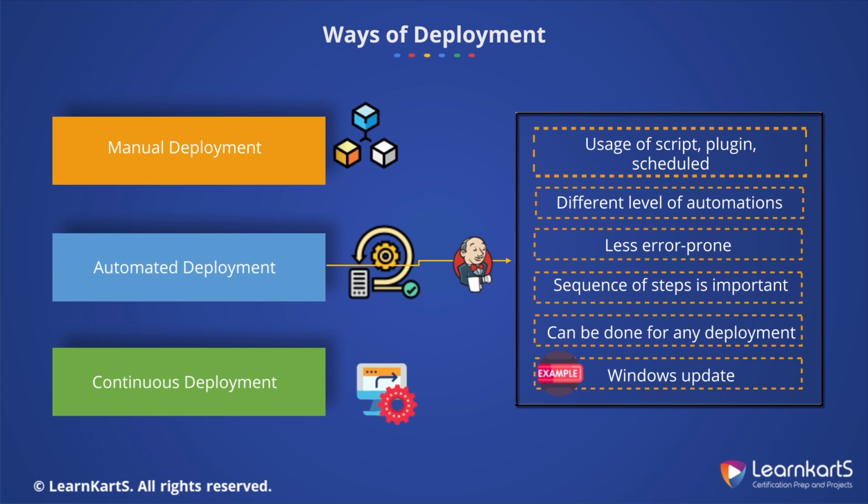It will directly connect, fetch the updates, and install them, and yes, it will ask for the reboot, but that also we can automate. So these are classic examples of automated deployments, where we are deploying the source code or new features on the system without any human trigger.